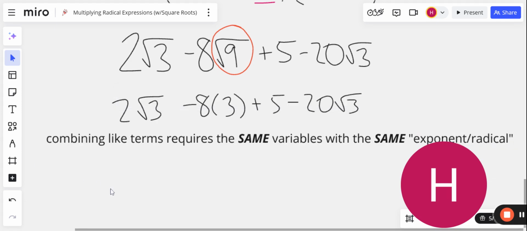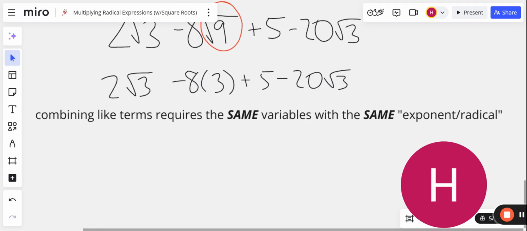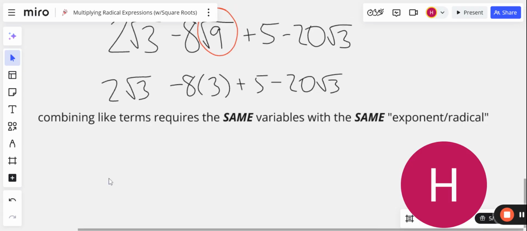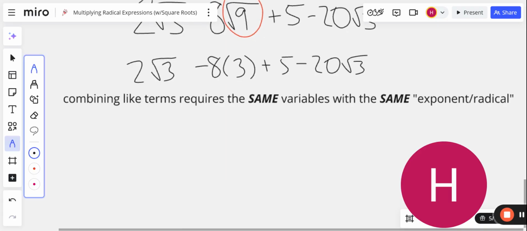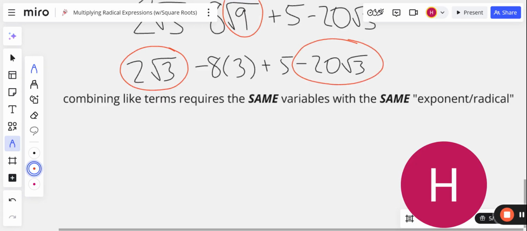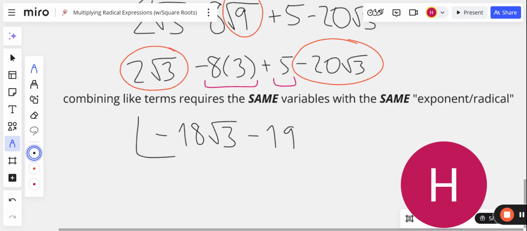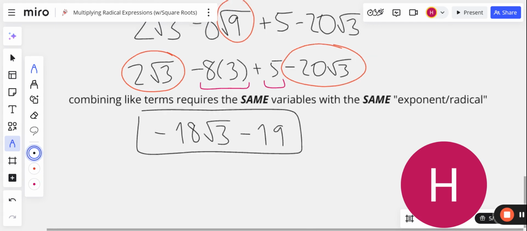So it can't just be x and square root of x. Those will not combine together with addition. Those are not like terms. But if we have something like this, where these are both square root of 3 type, we can combine those together. So 2 minus 20 square root of 3 gives us negative 18 square root of 3. And then we combine the numbers. This is negative 24 plus 5, which gives us minus 19. So that is the result.